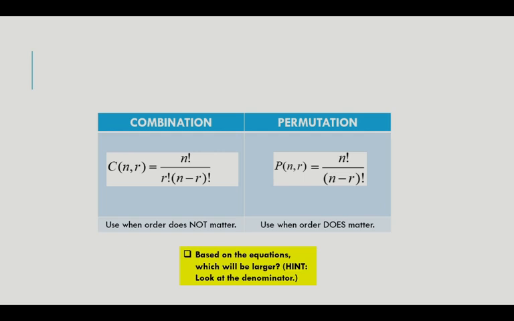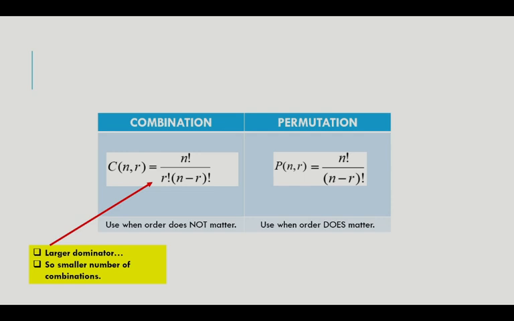So based on these equations, guys, which will be larger? Now, we already know the answer because we just did an example. But just based on the equations, you should be able to tell me which is larger. And my hint is, look at the denominator. Well, with combinations, we have a larger denominator, right?